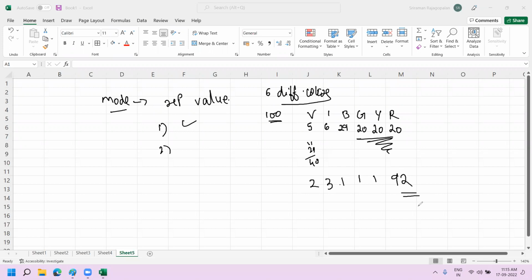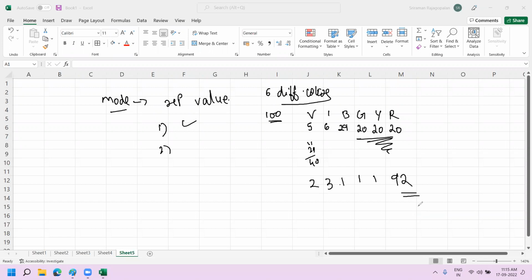Why? I'm getting the mode, no? Highest count. So is mode affected by outliers? No.